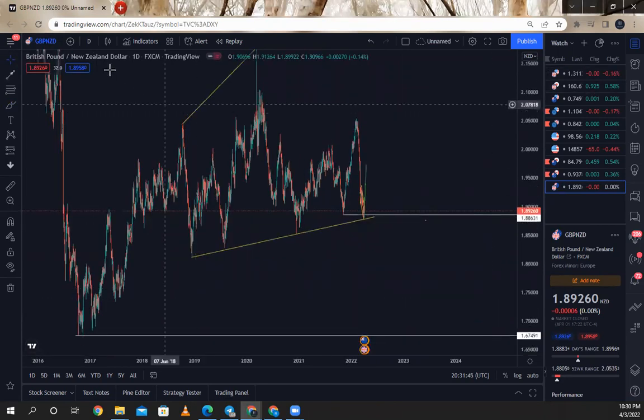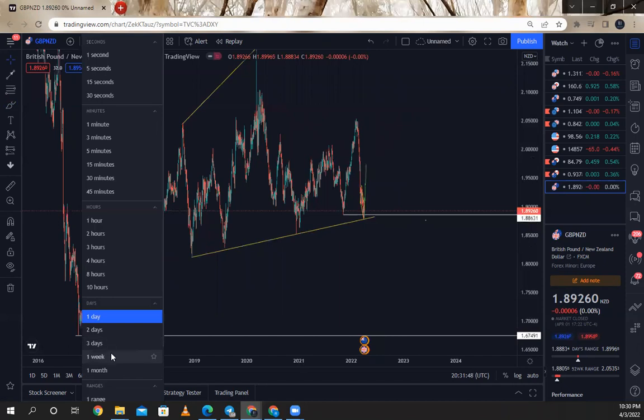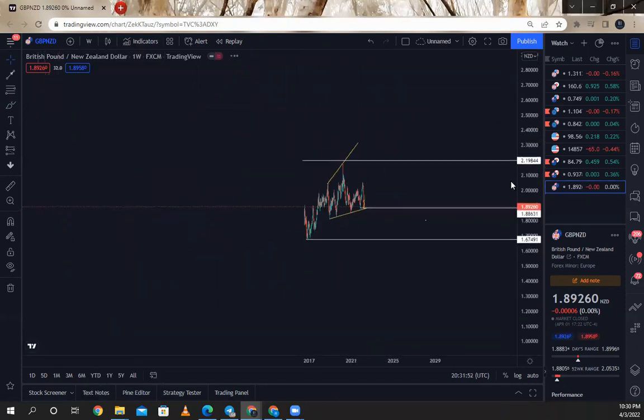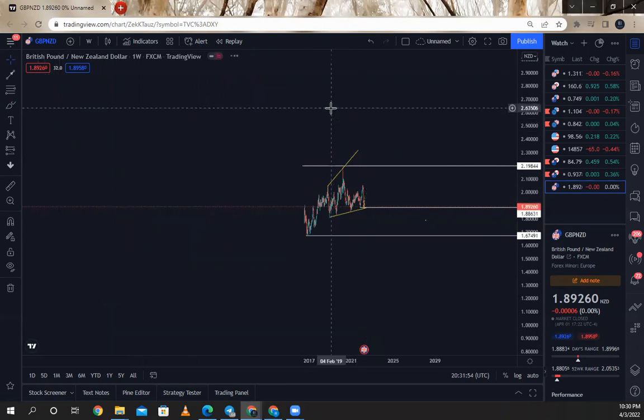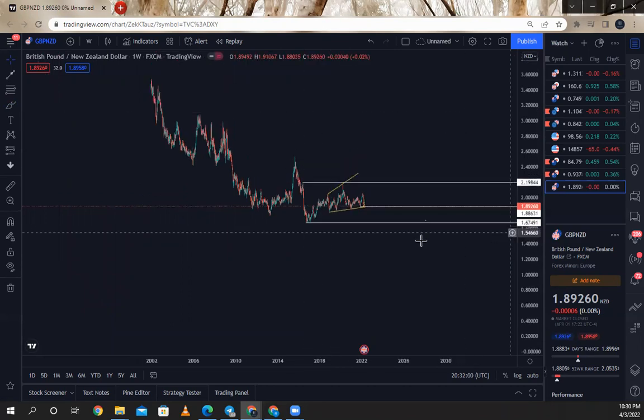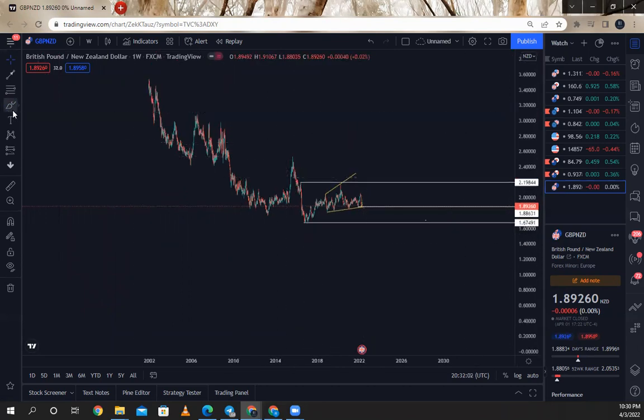So what I have here on GBP New Zealand, guys, let me just start with the weekly. Here on GBP New Zealand, what I can see is that we are on a downtrend.